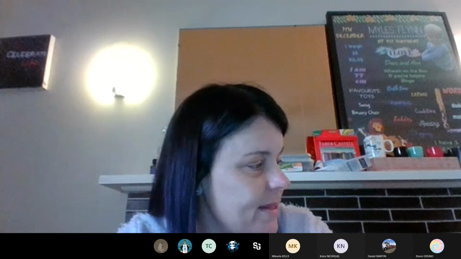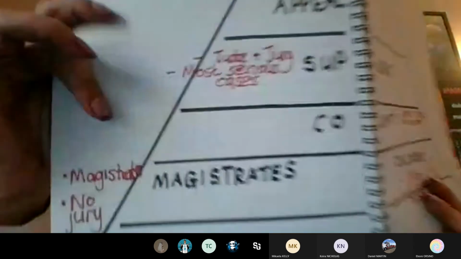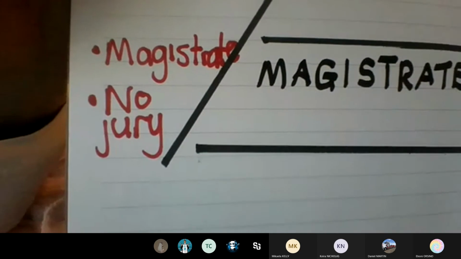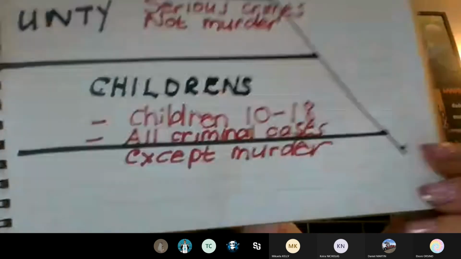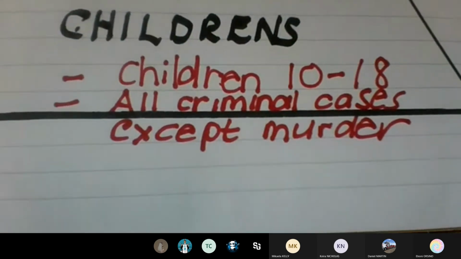So once you've done that, number 2, you're going to look at this. So we started off with magistrates court at the bottom. You can take any 2 dot points, it doesn't matter which one, and write them in the block or next to the block, anywhere where they fit. Just 2 facts. So if you look at mine, next to magistrates court, I've written magistrate has no jury. Next to children's court, I've put the children.